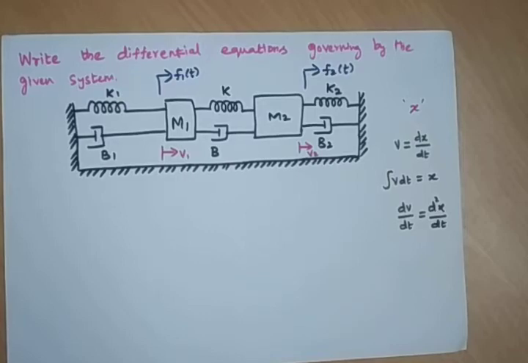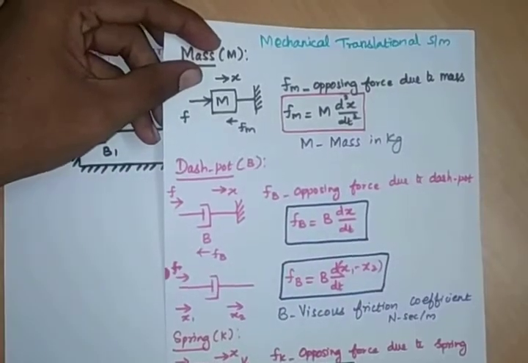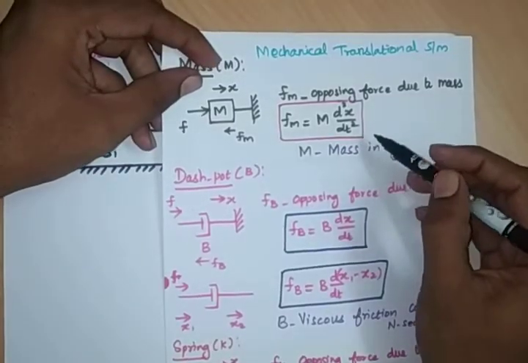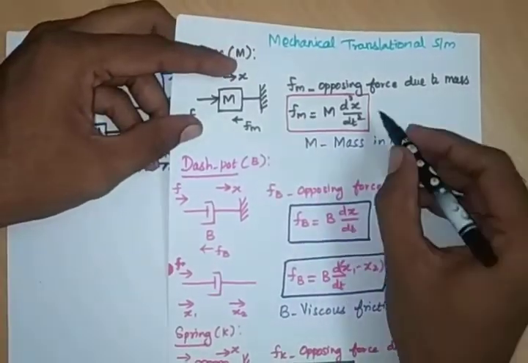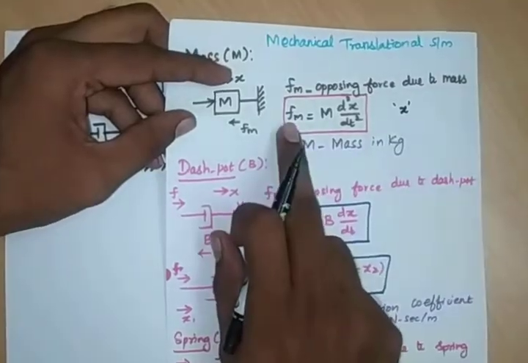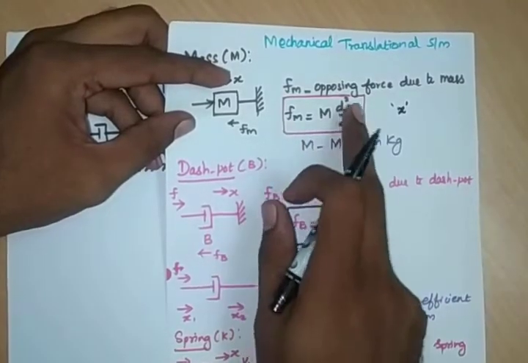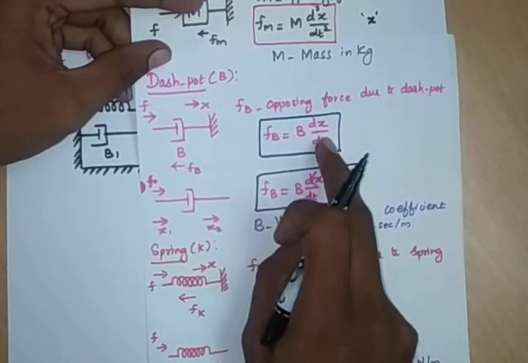I am mentioning this because the opposing force values in the mass, the dashpot and the spring are all in terms of displacement x only. Fm is equal to m into d square x by dt square. Fb is equal to b into dx by dt.